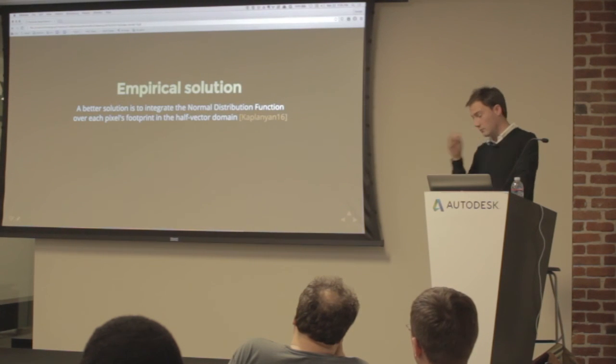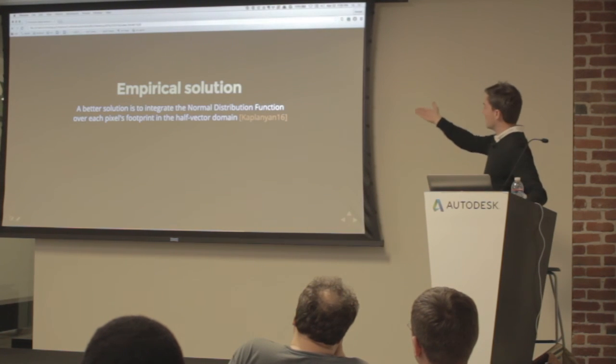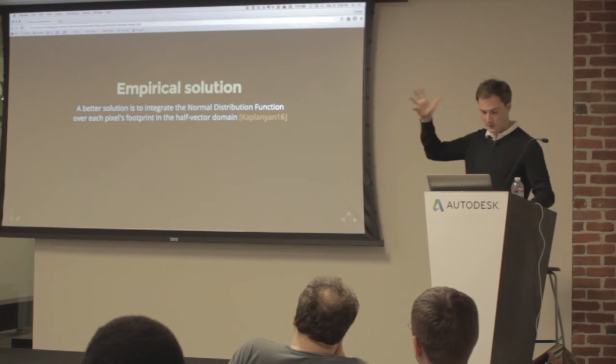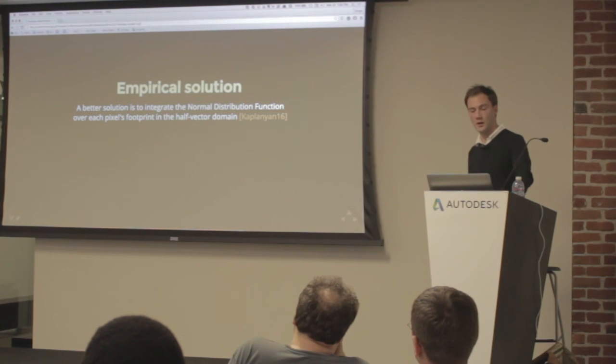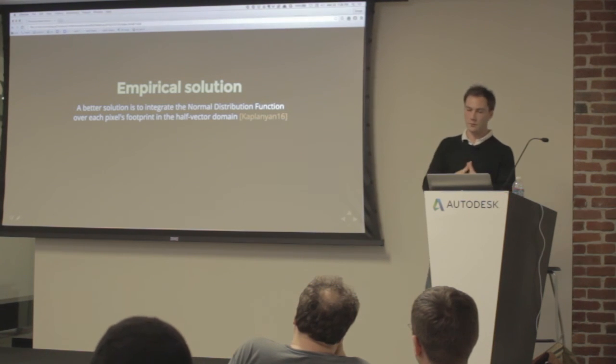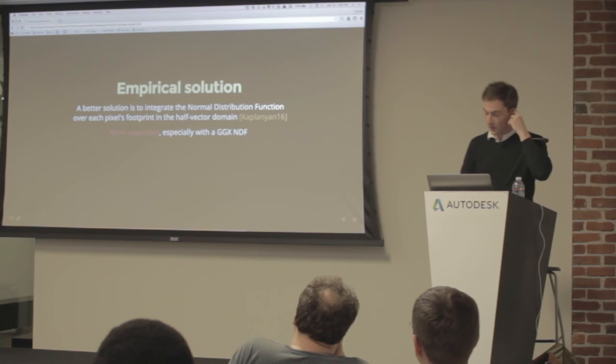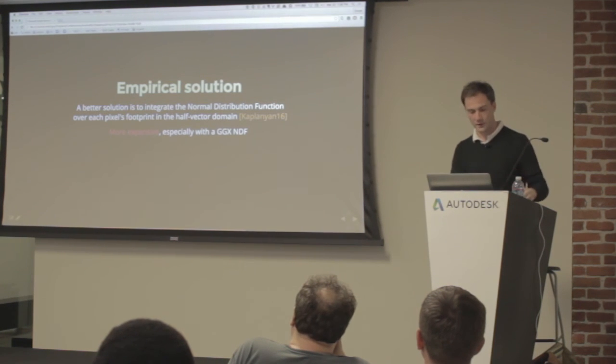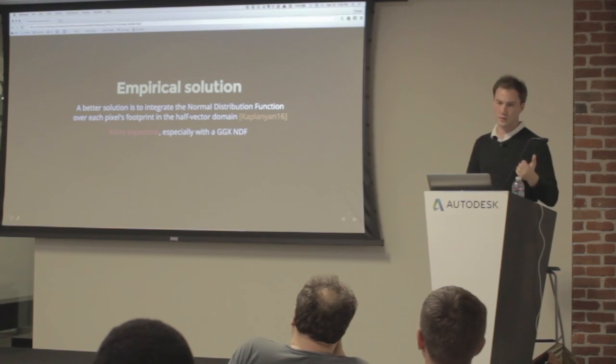As I was working on the slides, this very morning, there's this Sir Kaplanian from Nvidia that released a new paper about this exact same issue, except instead of solving the problem empirically like I just did, he did it in a real way. I looked at the paper, and I had to read it fairly quickly. It's a solution that's really, really good.